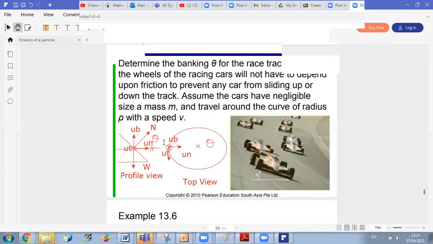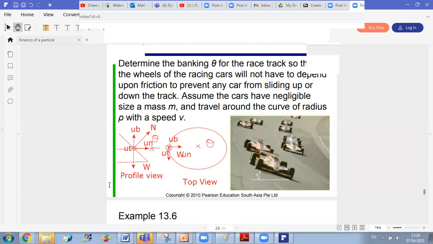It's only along UB, while the normal will have two components. For your normal the figure gets crowded, so I won't draw it here because it will confuse you a lot. The normal has two components, one along UN, one along UB. You can't understand it properly in the top view. This is why the profile view here is better to work with.